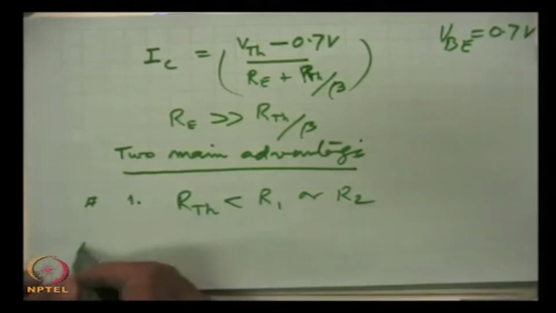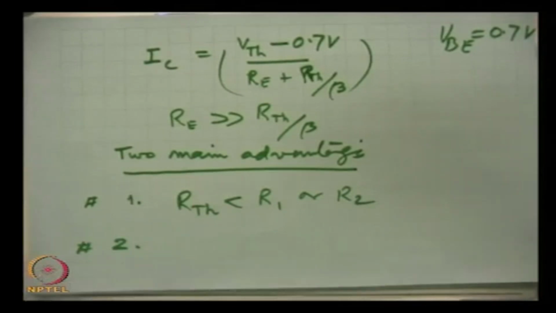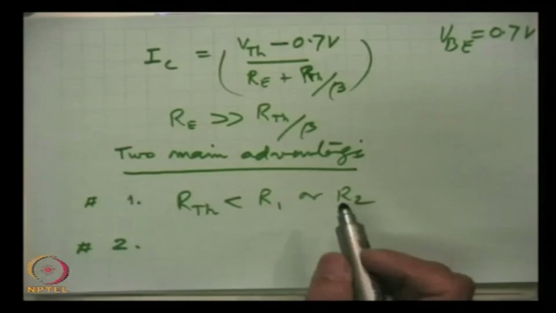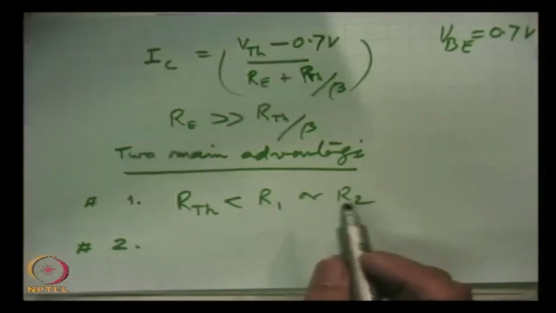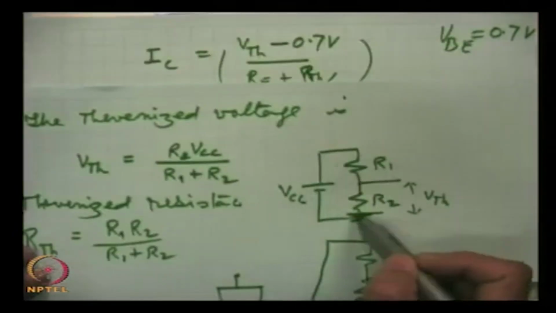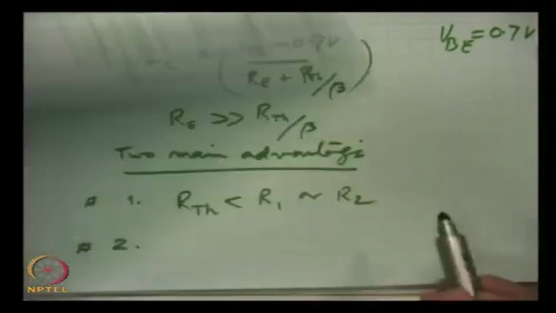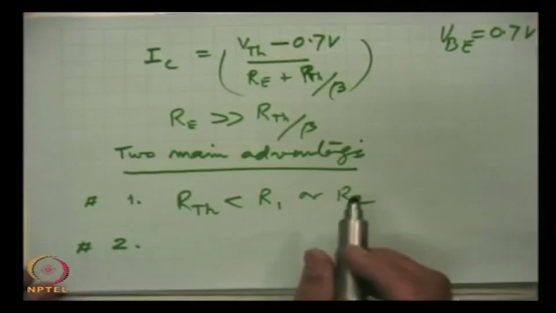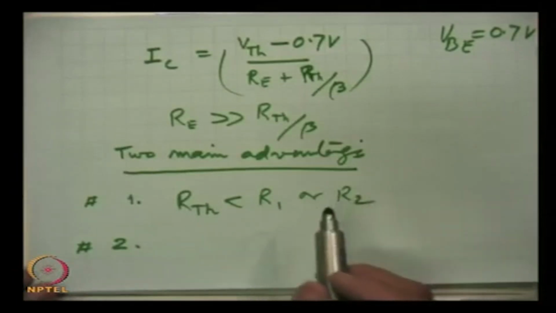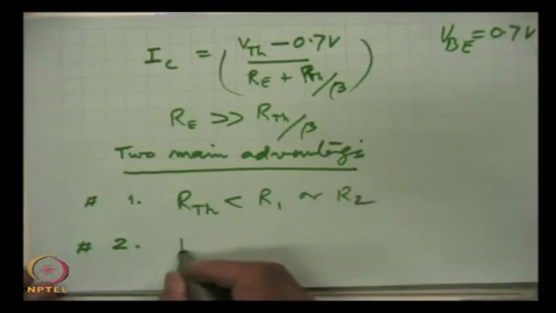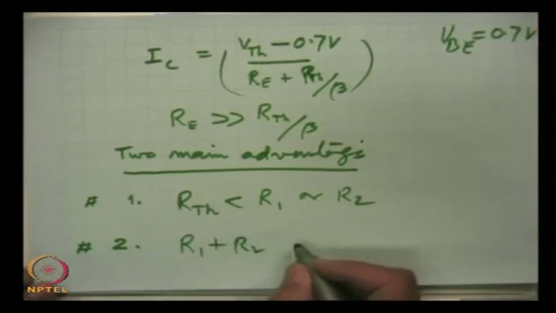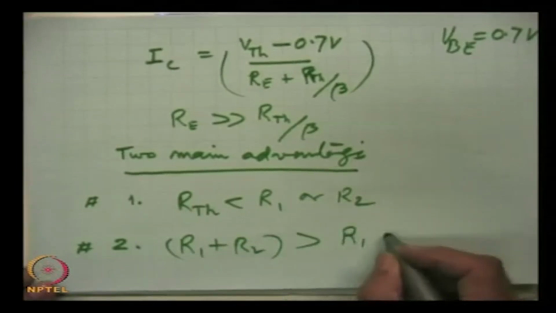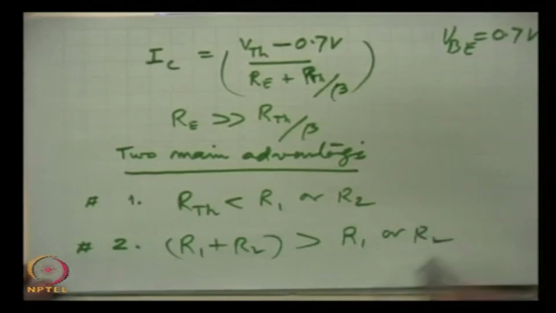The second point, which is important when we are sourcing our circuit by a battery, is that the battery will see the two resistances in series, and hence the resistance seen by the battery is higher. R1 plus R2 is certainly of higher magnitude than R1 or R2 individually.